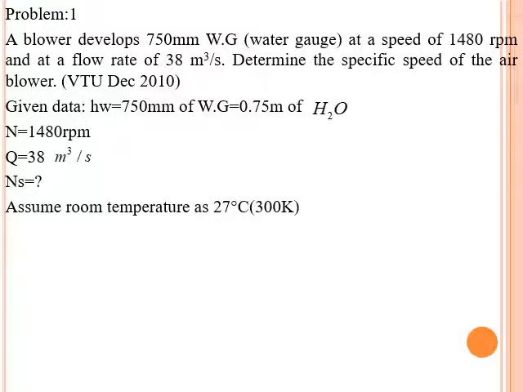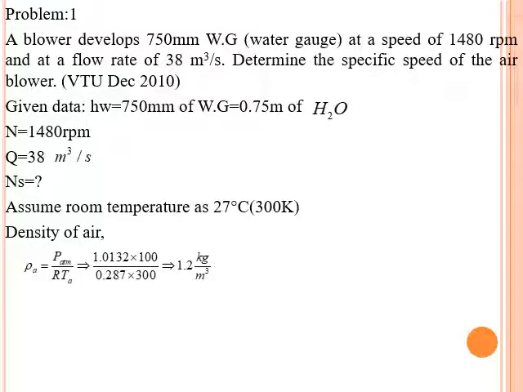Here assume the room temperature as 27 degree centigrade or 300 Kelvin. Now we need to find the density of air. The density of air is calculated by the formula rho A equals P atmosphere divided by R into TA, where P atmosphere is the atmospheric pressure, R is the gas constant, and TA is the atmospheric temperature.